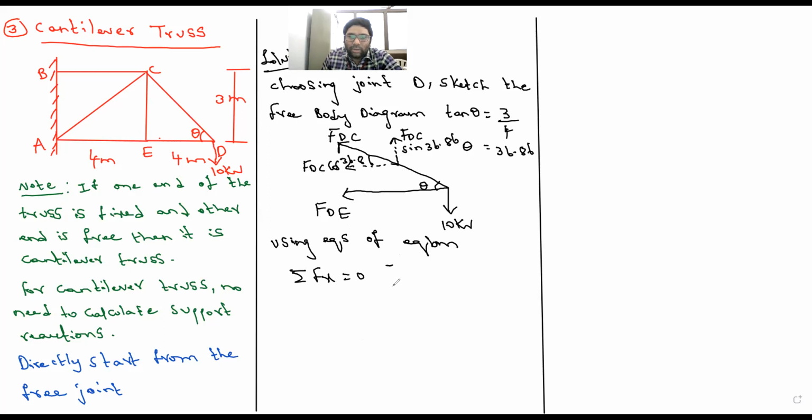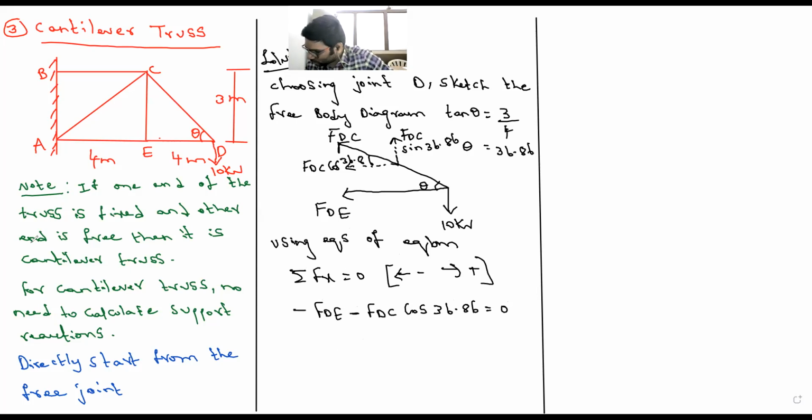What are the horizontal forces? Always sign convention is important. This is negative and this is positive. Minus FDE minus FDC cos 36.86 is equal to 0. Okay, so cos 36.86 will be 0.8, and sin 36.86 will be 0.6.